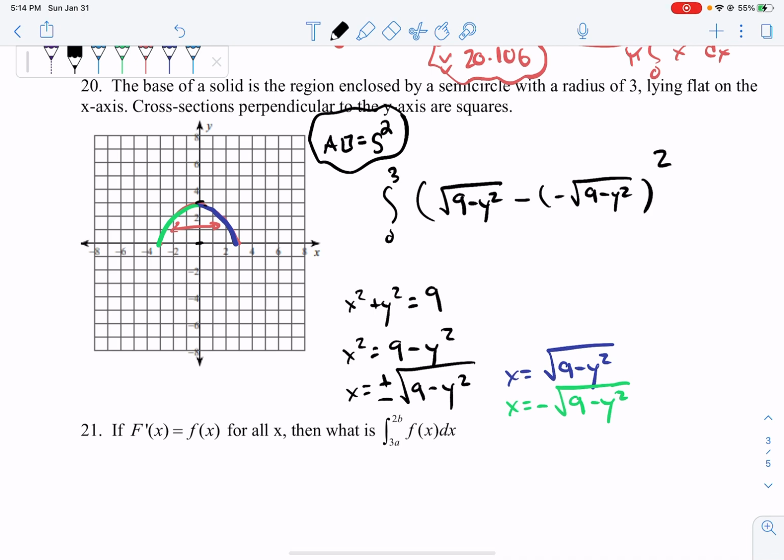And then that is going to be squared, and we're going to dy it. So when I simplify, I go from 0 to 3. Root of 9 minus y squared minus another negative root of 9 minus y squared just becomes 2 root of 9 minus y squared. But that is squared dy.